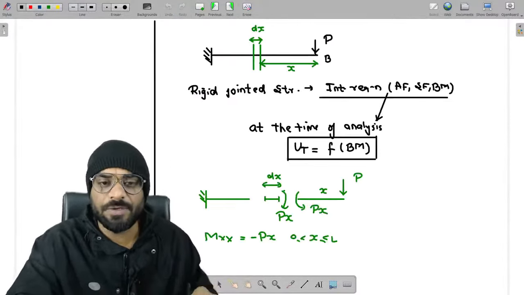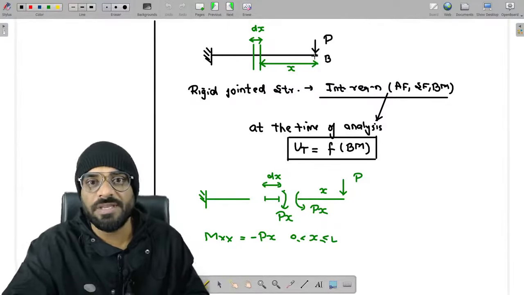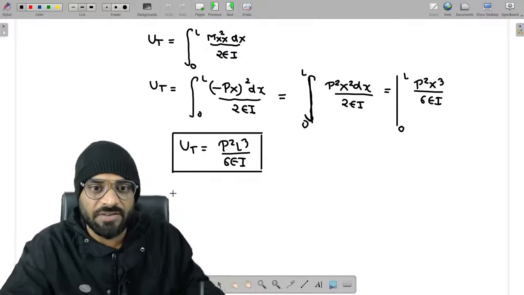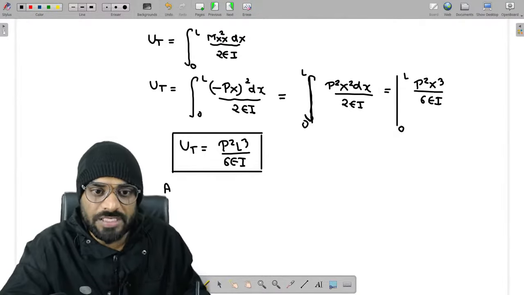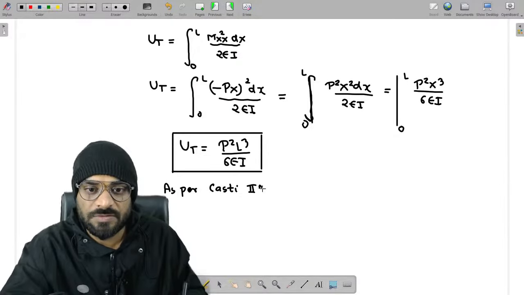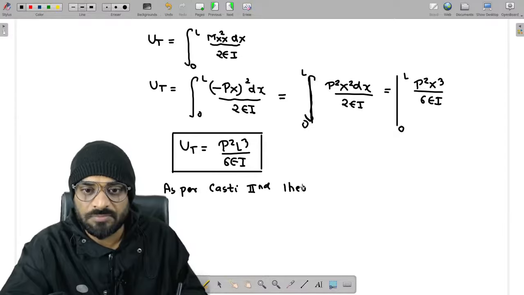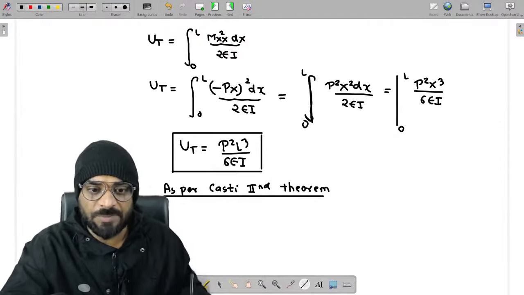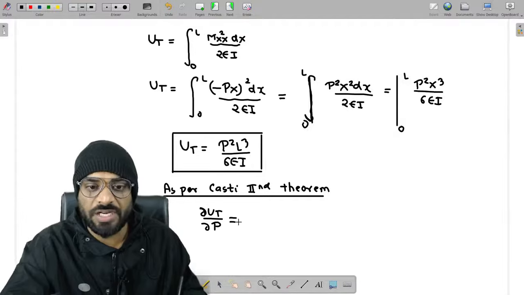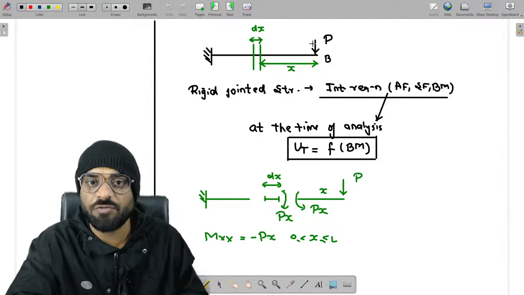But guys, let us suppose I want to find the displacement of joint B in the vertical direction, so I need to take the derivative of it. So as per Castigliano's second theorem, you have to take the first partial derivative with respect to P so that you will get the displacement in the direction of P itself.